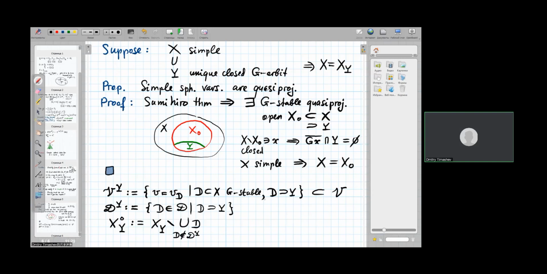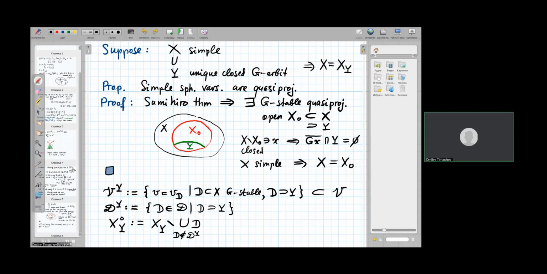So let me draw on the picture what we are doing. Again, you may use the same pictures as above on the same page, but let me draw a separate picture because I don't want to put too much on this first picture. It was for the proof of the previous proposition.